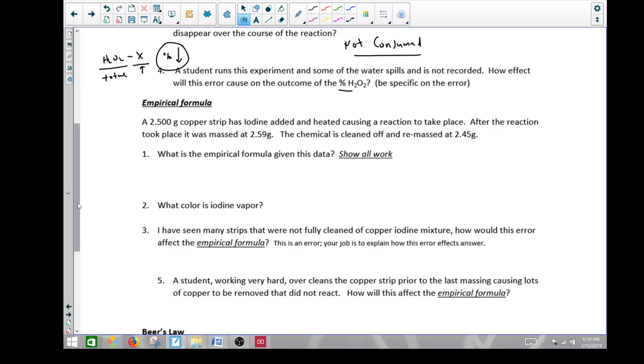What is the empirical formula given the data? Show all work. Okay, so in this case we have copper and iodine. We have a copper strip, put iodine on there, and heat it up and it runs. They're either going to form copper iodide, copper 1 iodide, or it's going to form copper 2 iodide.